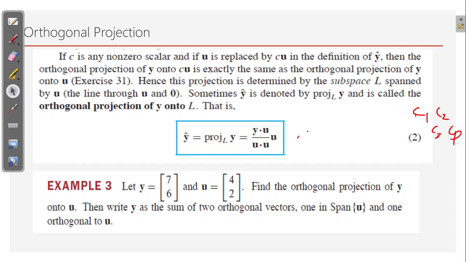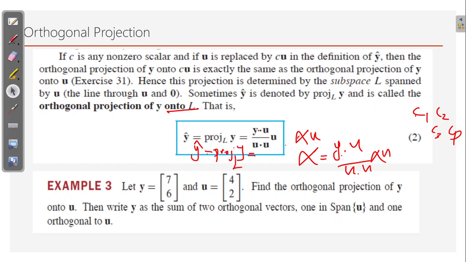That means this is like alpha u, where alpha is your coefficient, that is a real number, y dot u divided by u dot u, times u. So that is the orthogonal projection of y onto the subspace L, and it is denoted by y cap, or proj L y, equal to this equation. This is our equation.